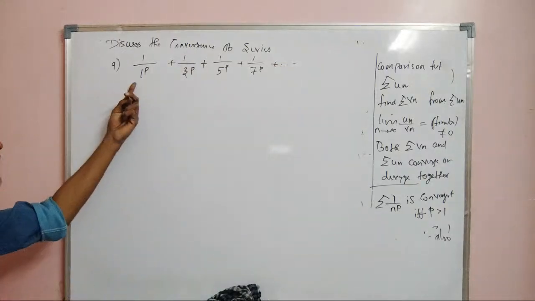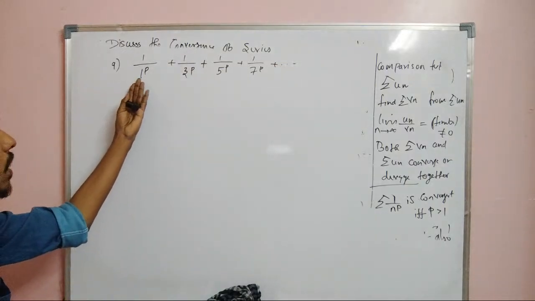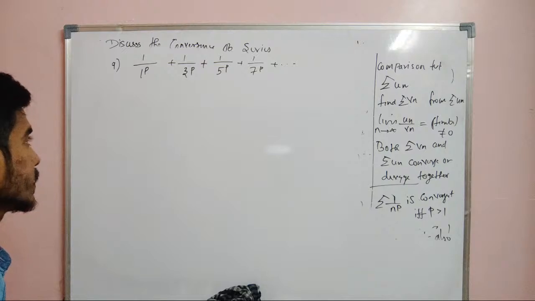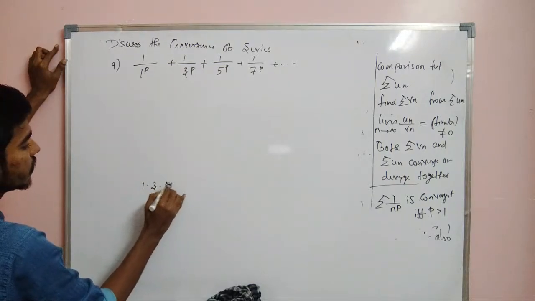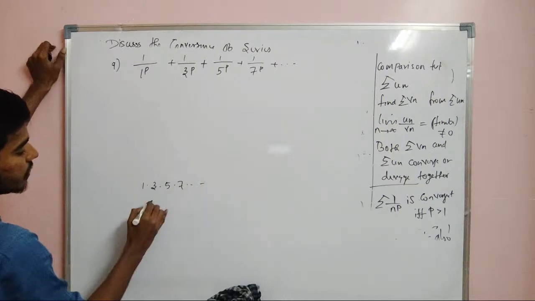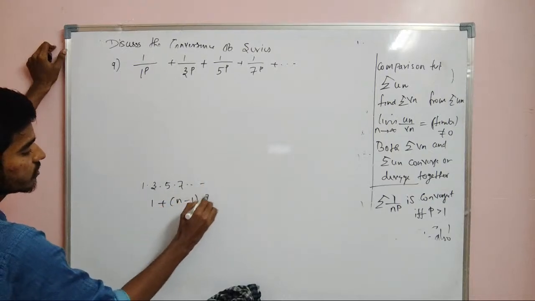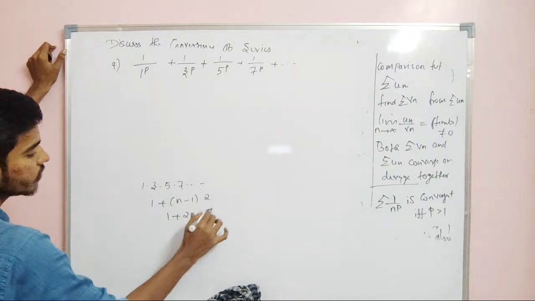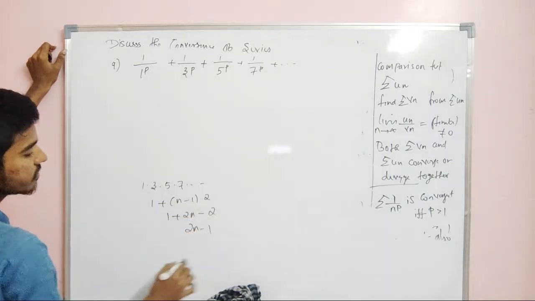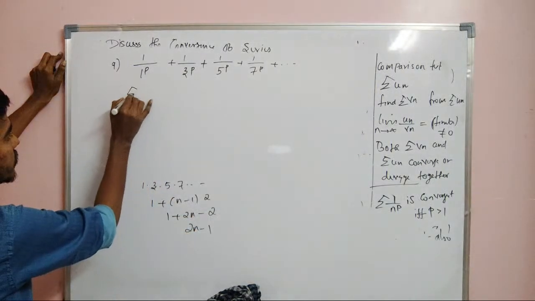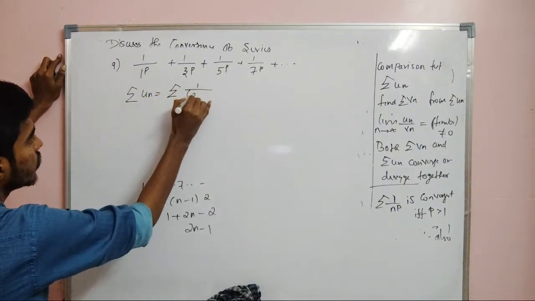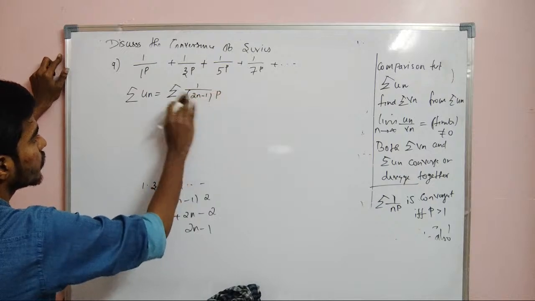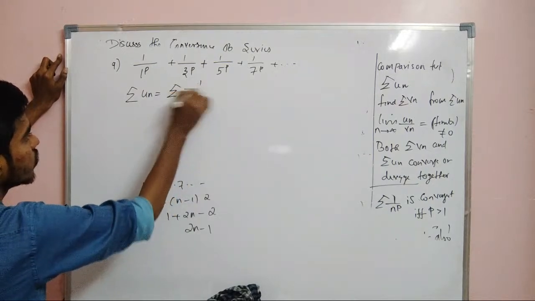You can see this is nothing but odd terms, which is 2n minus 1. Or else you can also verify: 1, 3, 5, 7, etc., a is 1 and d is 2, so we will have 1 plus 2n minus 2, which is 2n minus 1. So this series is summation un, which is summation 1 by 2n minus 1 whole power p.